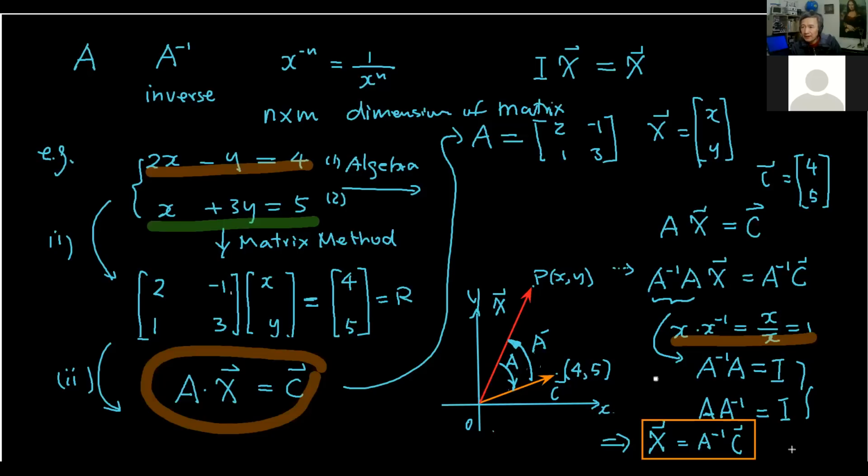So this is a different method. The benefit of this matrix method for solving simultaneous linear equations will show up if you are trying to solve many simultaneous equations together.